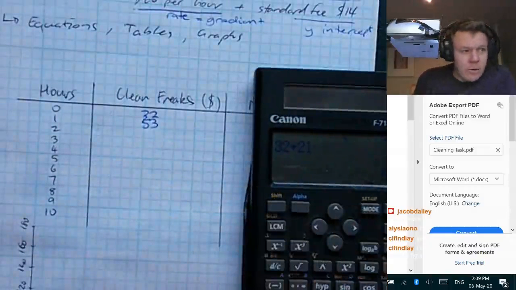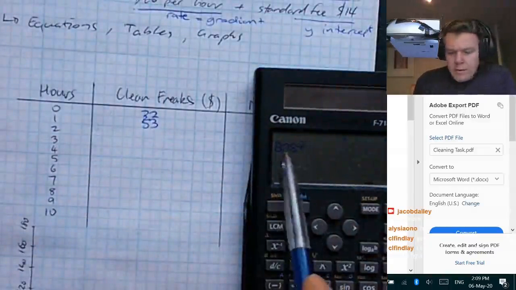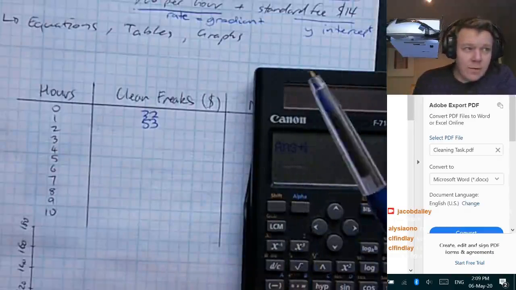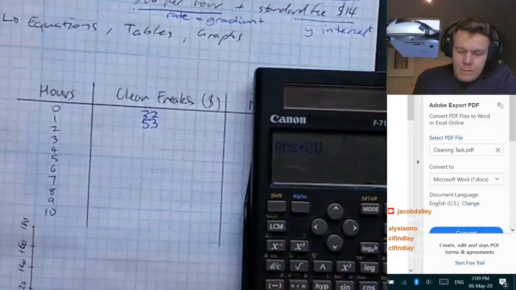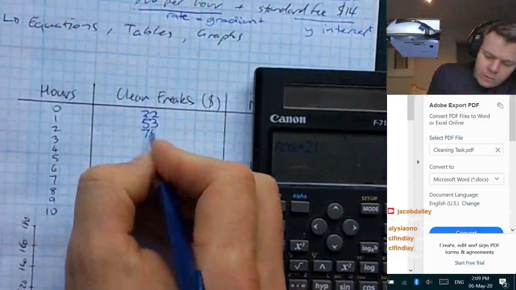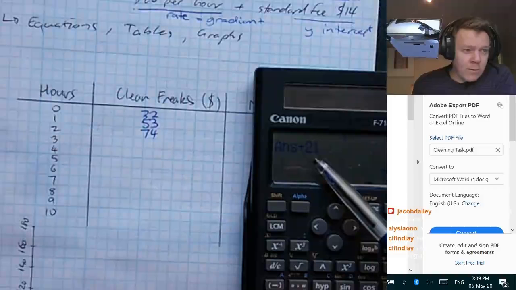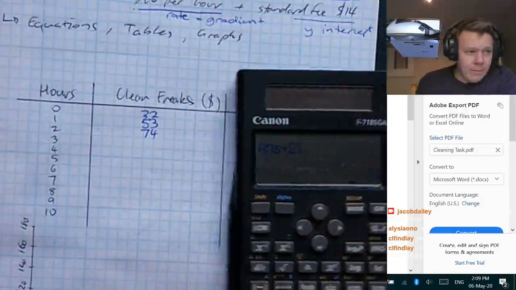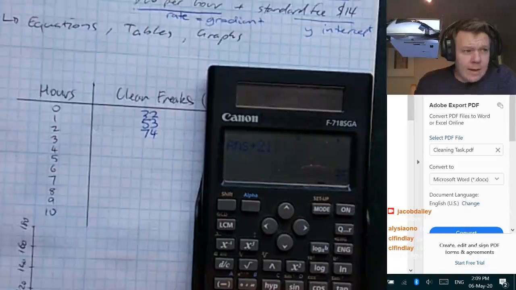Now, with your calculator, if you press plus again, you notice that answer will come up. So this is the previous answer, 53. So if we just add 21 to that, that'll get us 74. But what you'll notice, and it's common to most calculators, is that you can actually press equals again, and it'll add another 21 on.